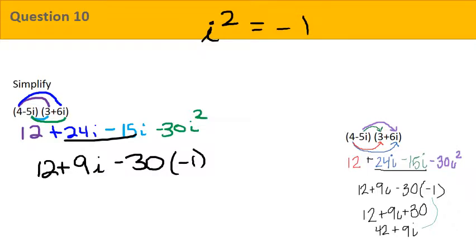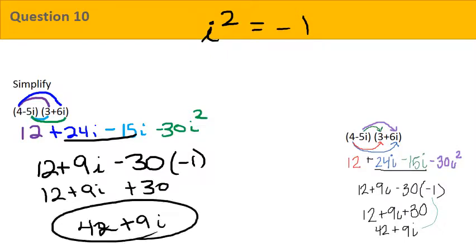So we replace the i squared with the negative 1. This becomes a plus 30. And then add the 30 to the 12, and you end up with 42 plus 9i as your answer. So that is 42 plus 9i.